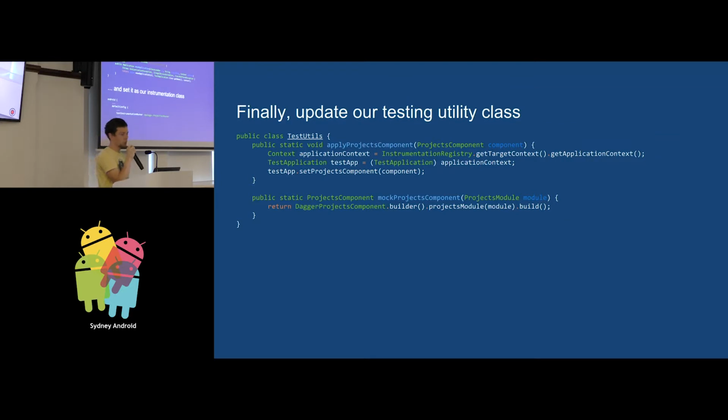This is just for the purpose of this presentation. And then finally, we update our test utility, which will allow us to set our mock components. This doesn't really change from what we had before. We just changed a few classes. That's it.